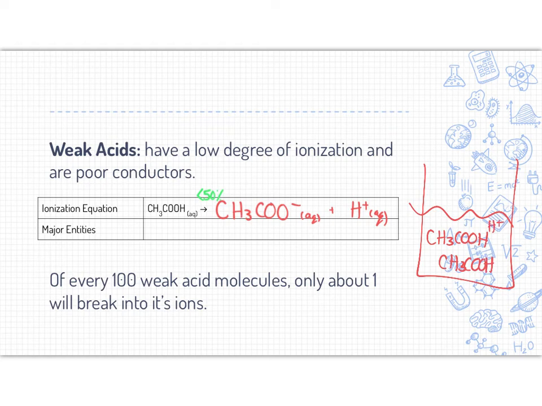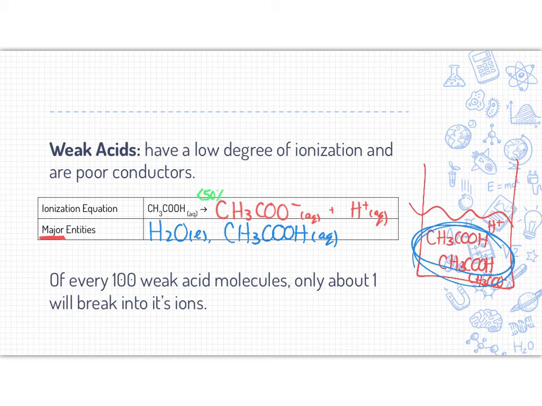Maybe one has broken apart in my little diagram here, but the major entity, what is there in the greatest quantity, again, is water. But this time it's the weak acid still stuck together because it is there in the greatest quantity.